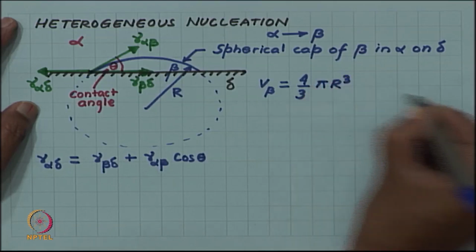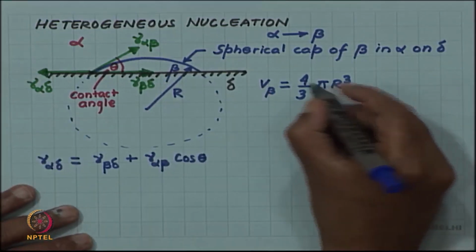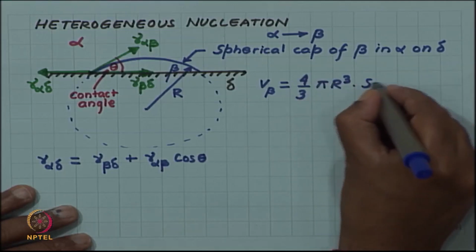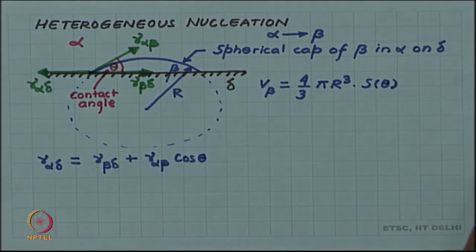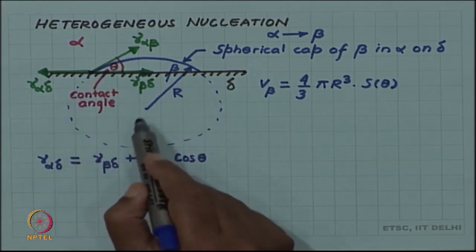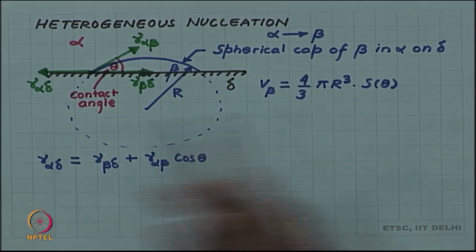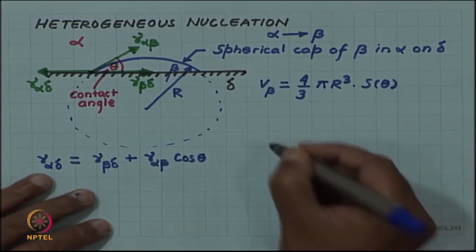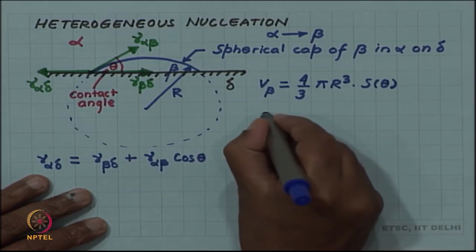The volume of this nucleus, which I am calling V beta, is 4 by 3 pi r cube, which is the volume of the sphere, times a factor depending on theta. You can see that depending on where we cut, the theta will change, and correspondingly the volume will change. So, S theta will obviously vary from 0 to 1. When you derive this, you will get the form of S theta also.